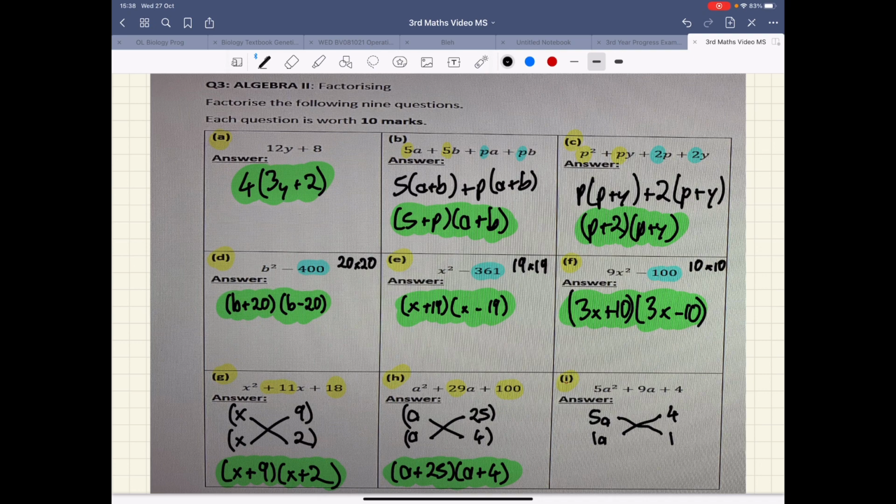Because 4 multiplied by A, or 1A, gives me 4A. And 1 multiplied by 5A gives me 5A. And 5A plus 4A gives me 9A. So that works there. Again, you just give them their own brackets. And your final answer is 5A plus 4, bracket A plus 1. And that's your answer there.